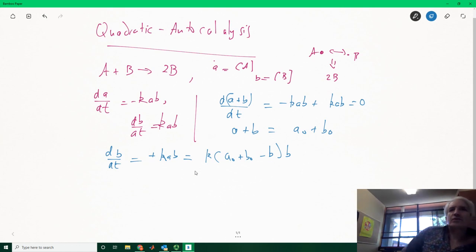You can write down a solution of that, solving using separation of variables.